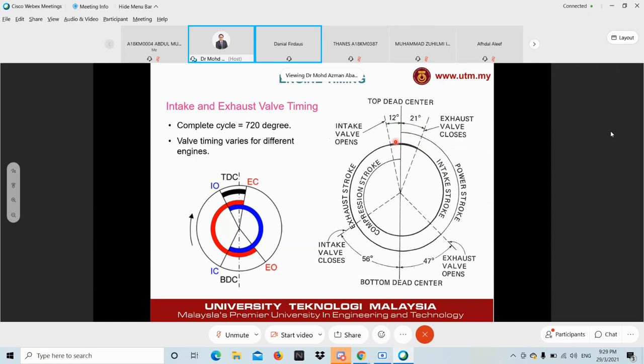But that is part of the design consideration. They need to make sure that when the valve is at the maximum opening point, or MOP, and the piston is at TDC, it doesn't clash. Those are some of the design challenges when they design engines.